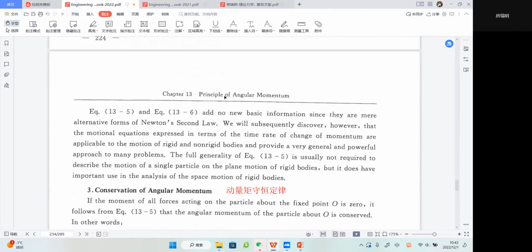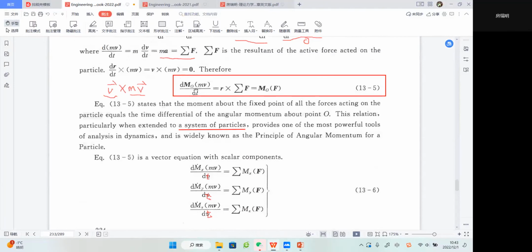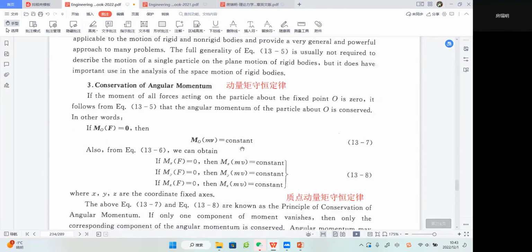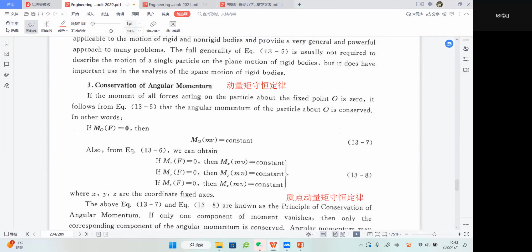From this equation, dMO/dt equals sigma MO(F), but if we know MO(F) is 0, that means this dMO/dt must be 0. That means MO will be a constant vector. So its magnitude and direction will never change at different time moments, right?